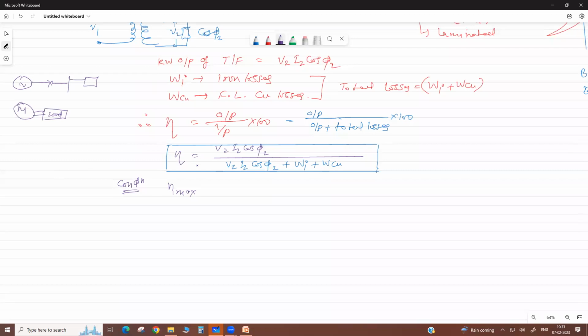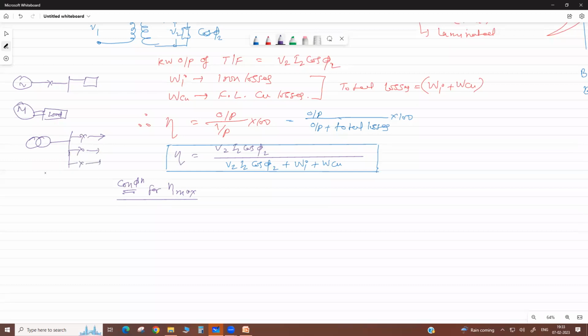Now the condition for maximum efficiency in a distribution transformer. Generally, they are designed such that this condition appears at some partial load, because the load on a transformer changes day and night, winter and summer.